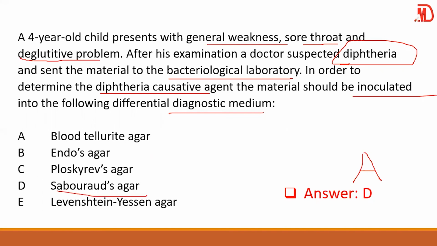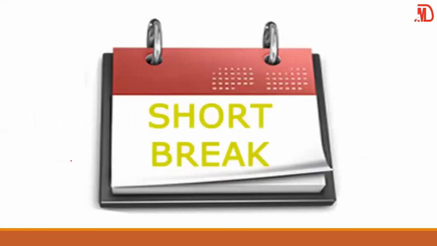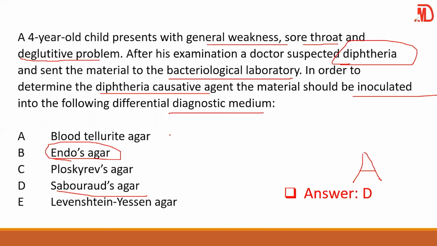Now, in Salmonella and in E. coli, you could think of Endo agar, right? Exactly. You could be thinking of Endo agar. Great. So your answer is A. Ladies and gentlemen, please, you said Salmonella and E. coli, Escherichia coli.